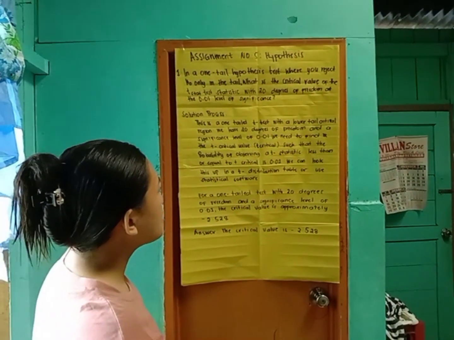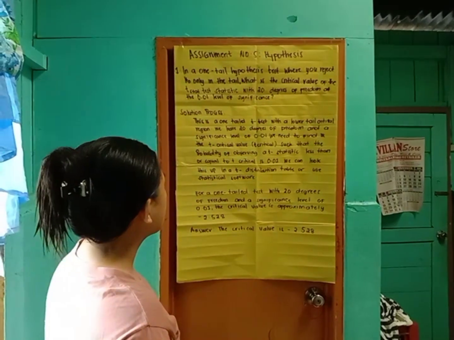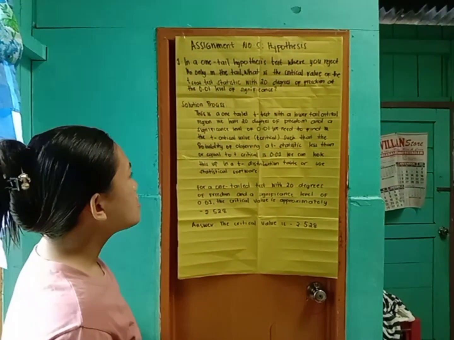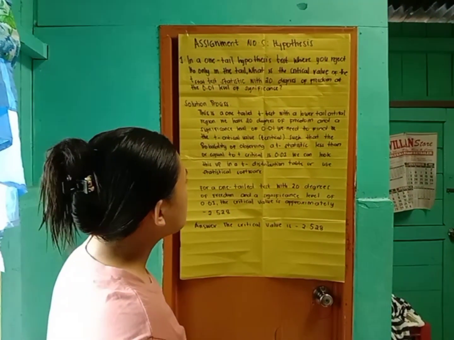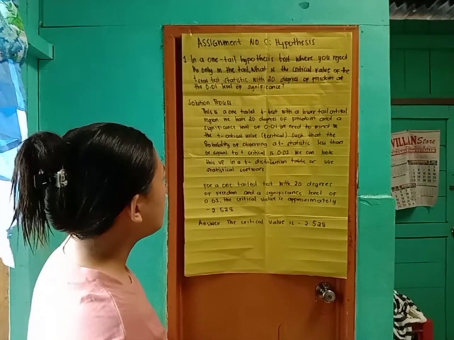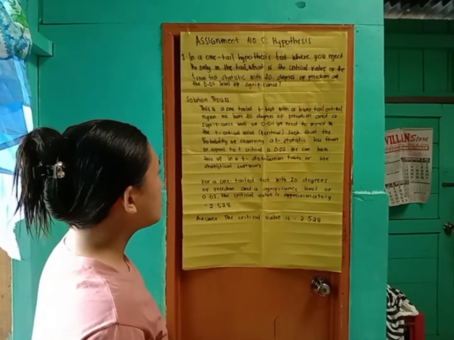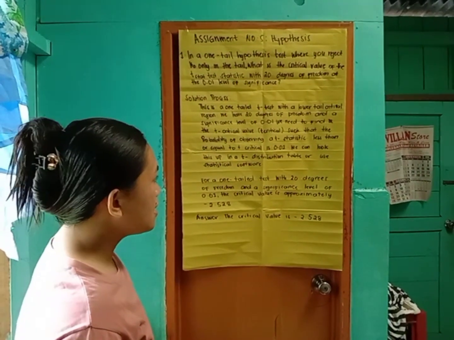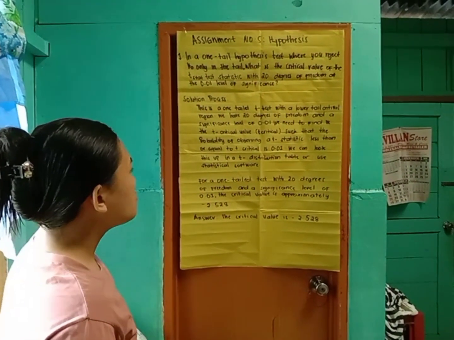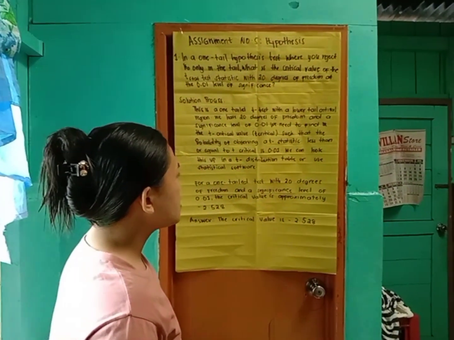We have 20 degrees of freedom and a significance level of 0.01. We need to find the t-critical value, such that the probability of observing a t statistic less than or equal to t-critical is 0.01.